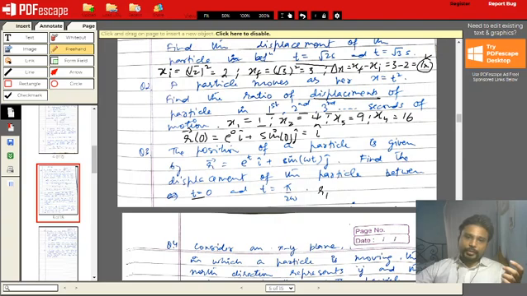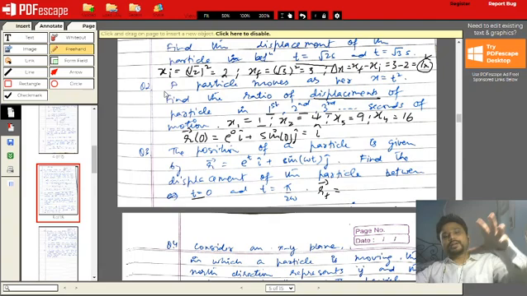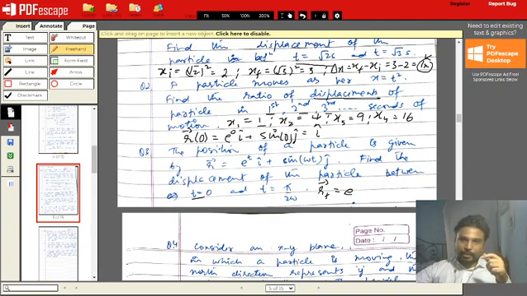The final position of the particle can be obtained by substituting pi by 2 omega for time. That would be e to the power pi by 2 omega i cap plus sin, and when we substitute pi by 2 omega in this, we get simply sin pi by 2 j cap.